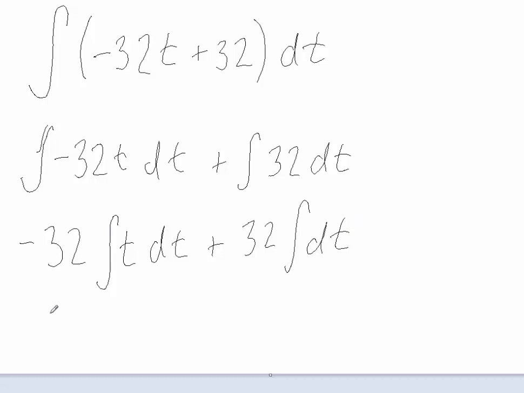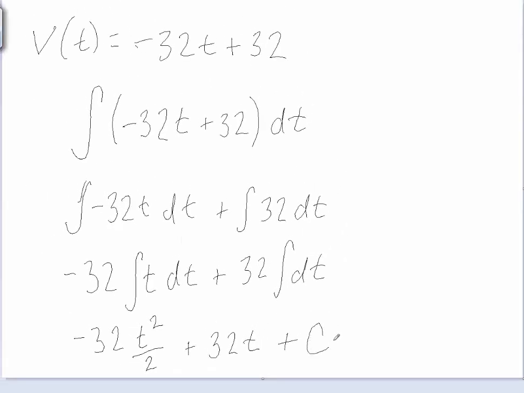And what we'll get is negative 32 t squared over 2 plus 32 t plus, again, some constant. Okay, and simplifying a little bit, we've got negative 16t squared plus 32t plus some constant.